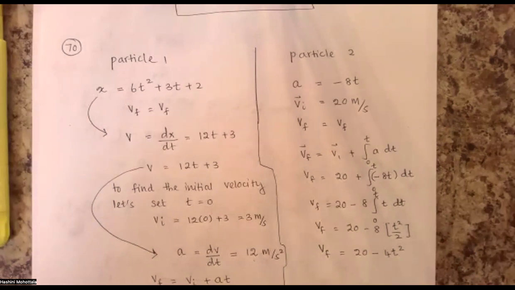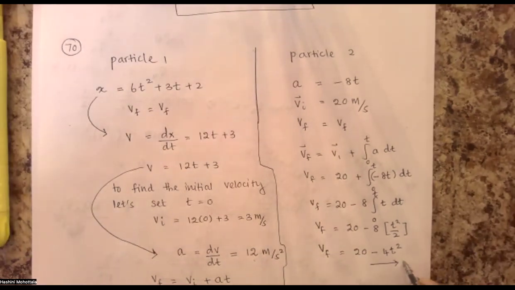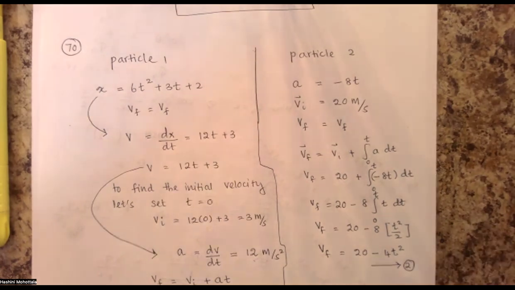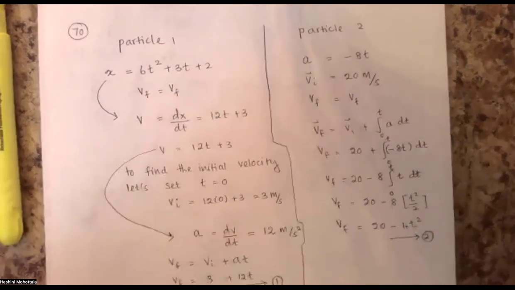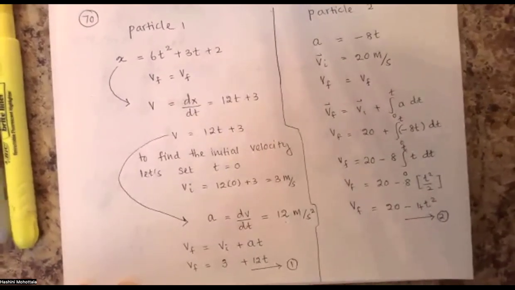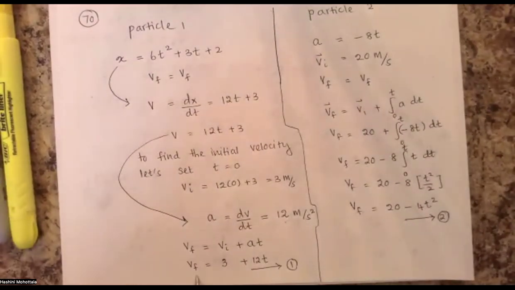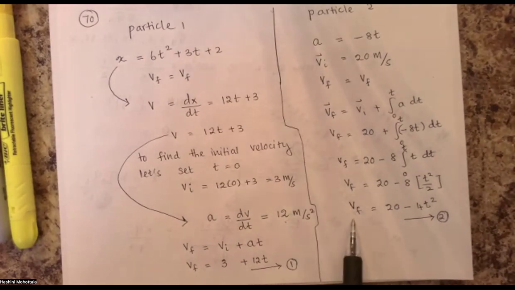And that's all we can do there. And this is equation number 2. This is for particle number 2. Now have a look. V final for the first particle is 3 plus 12t. V final for the second particle is 20 minus 4t square.